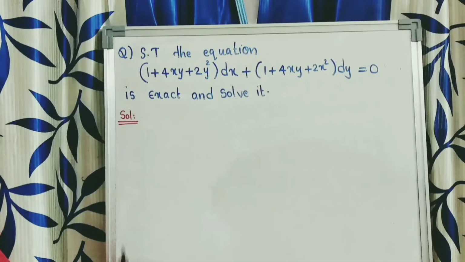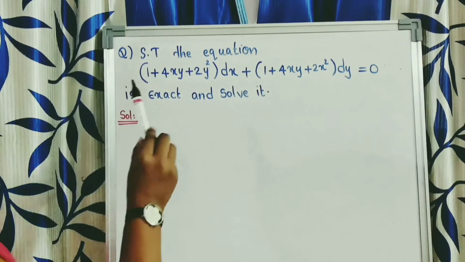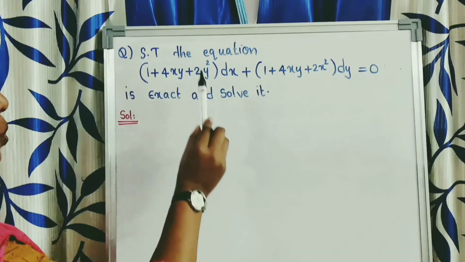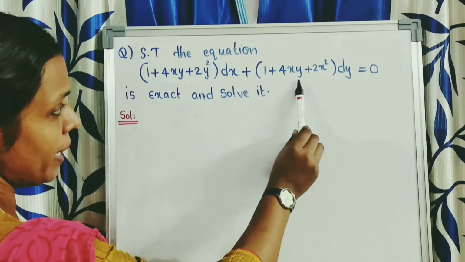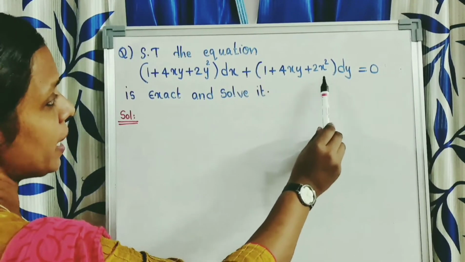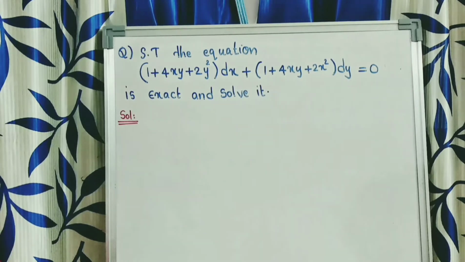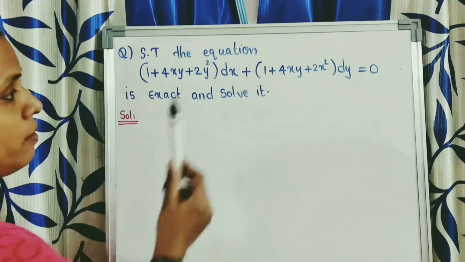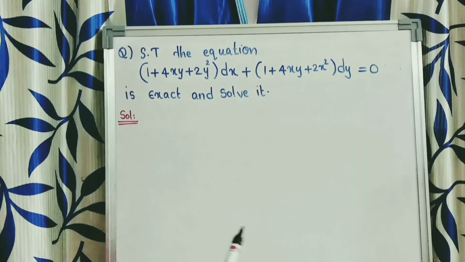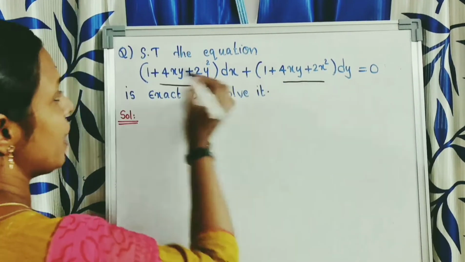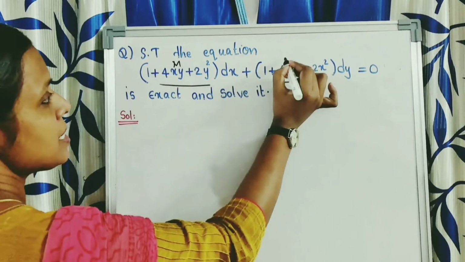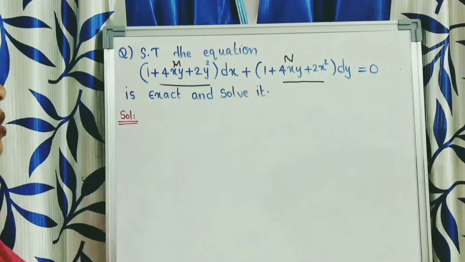The question is: show that the equation (1 + 4xy + 2y²) dx + (1 + 4xy + 2x²) dy equal to 0 is exact and solve it. Here the given equation is of the form M dx plus N dy equal to 0.